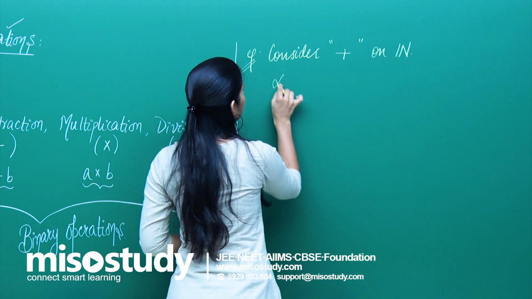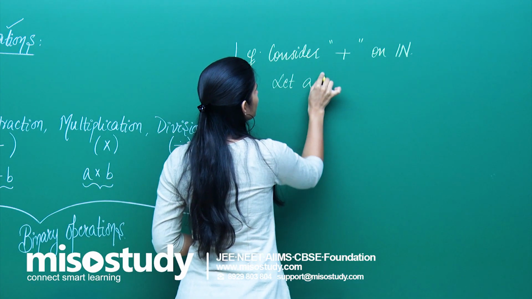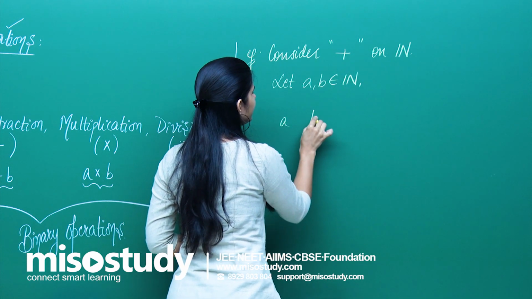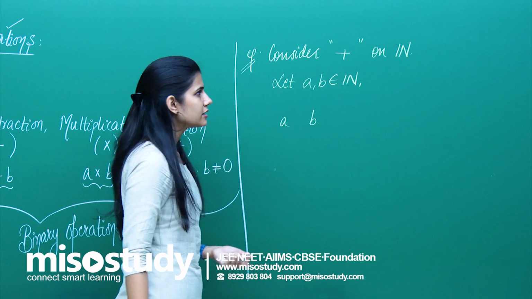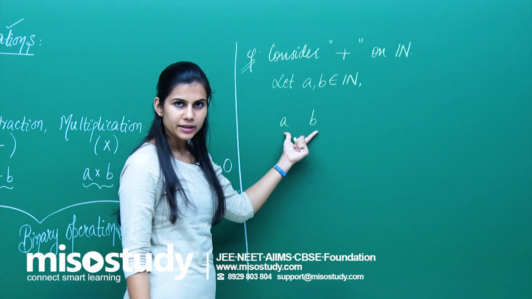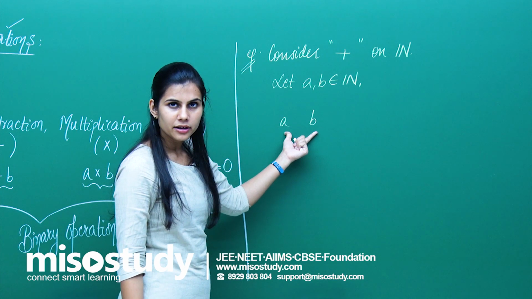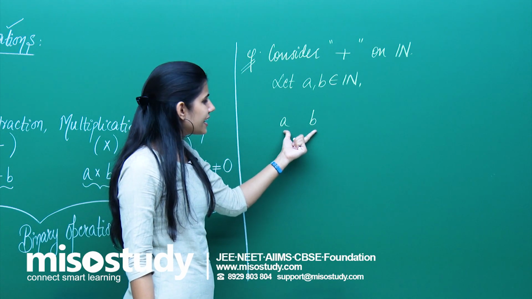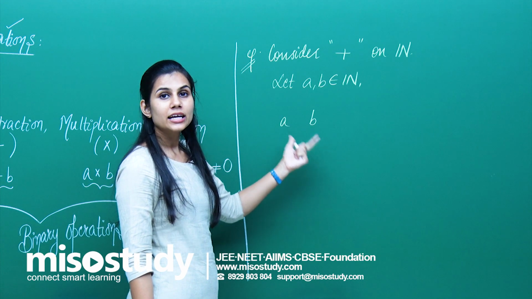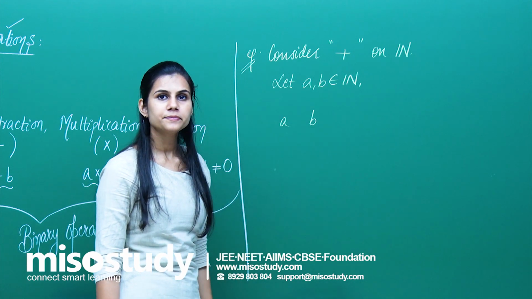If I pick up any two natural numbers a and b, is it possible that they can be combined by the addition operation to create another new natural number?